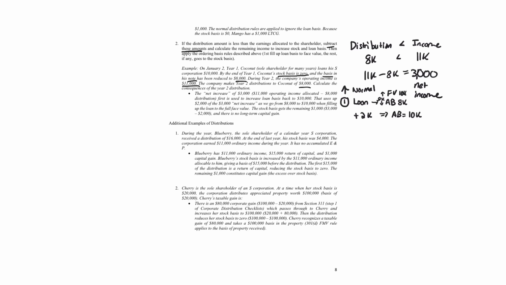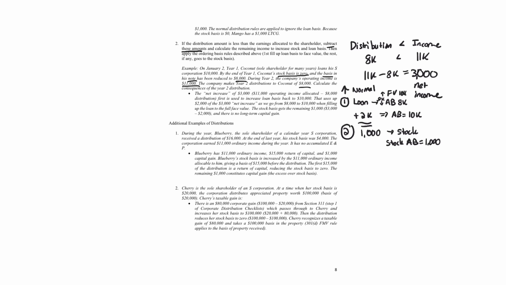So we had $3,000 net income. We give the first two to the loan because we need to get to the face value. Then the remaining $1,000 goes to the stock. And then the stock's adjusted basis at the end of the year equals $1,000. And that's how you go through that analysis.